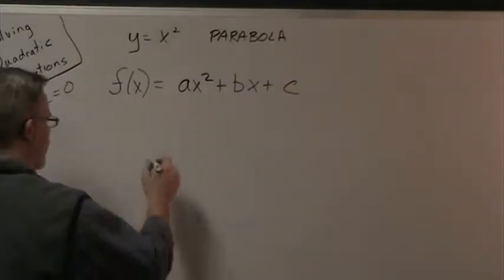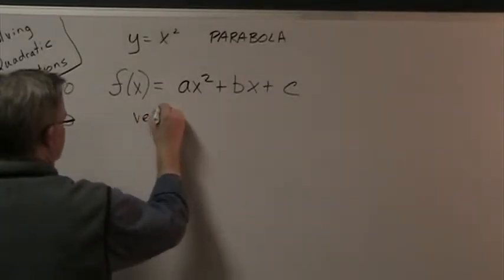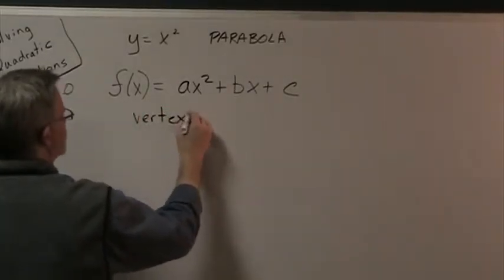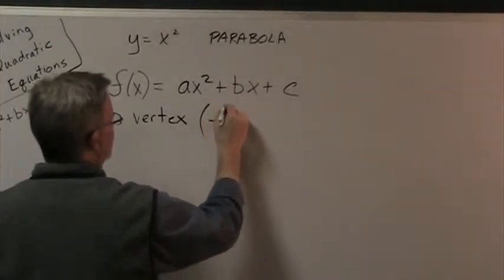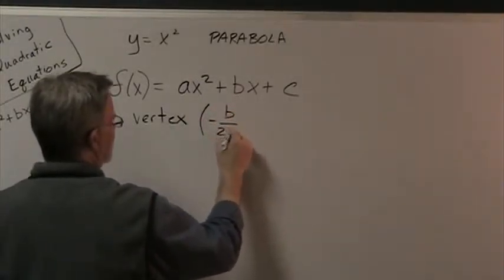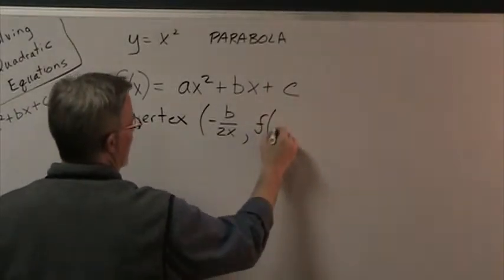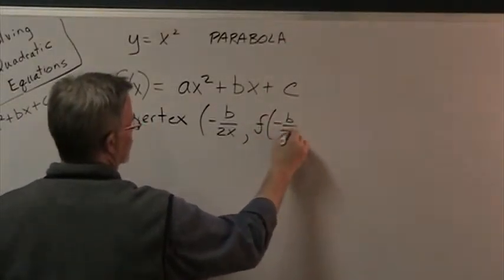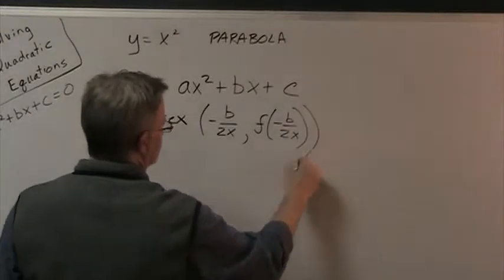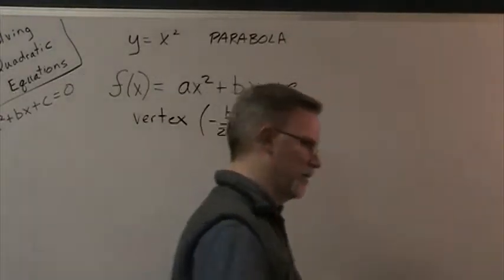That is the quadratic function of a parabola, where the vertex is at -b over 2a, that's your x value, and the function evaluated at -b over 2a. So let's solve one of these problems.